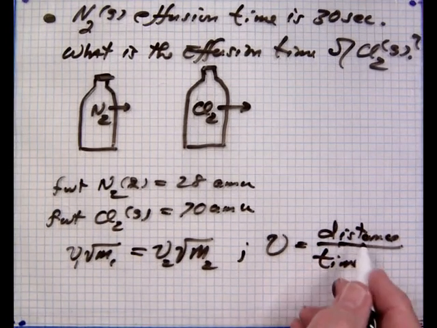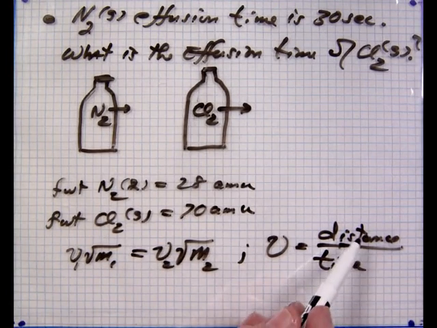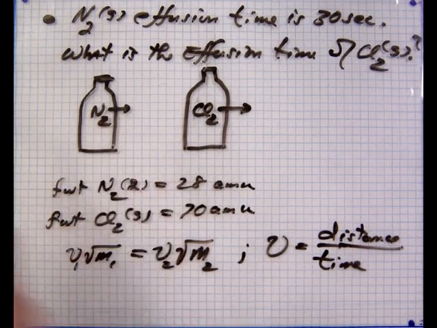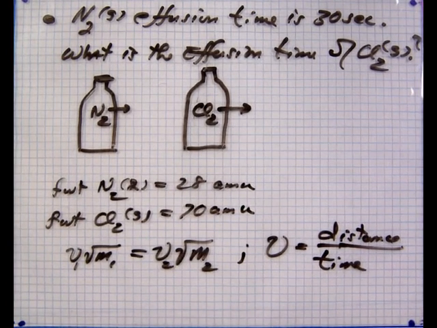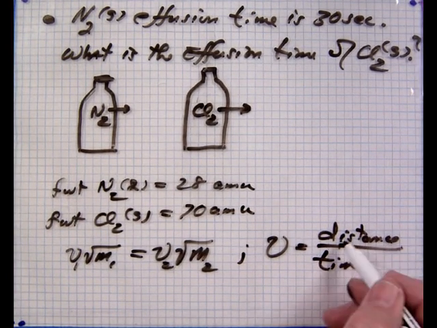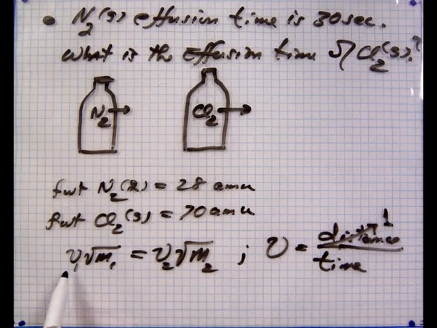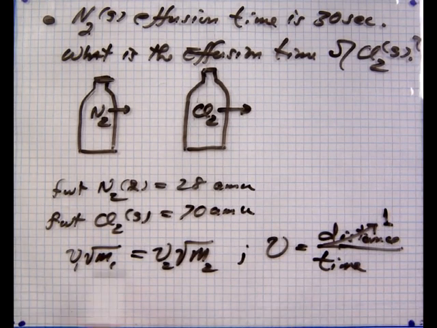The distance in this particular problem is the same for both of them, since both are transitioning the wall of the container. To make matters simple, we just say the distance is 1, so velocity is 1 over t. So we put that in here.